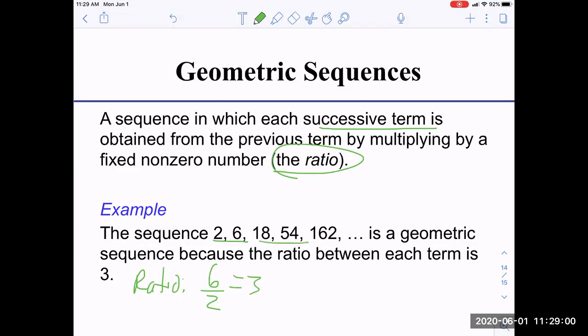If I do 54 divided by 18, I get 3. 18 divided by 6 is 3. This tells us when the ratios are constant, I have a geometric series or sequence.